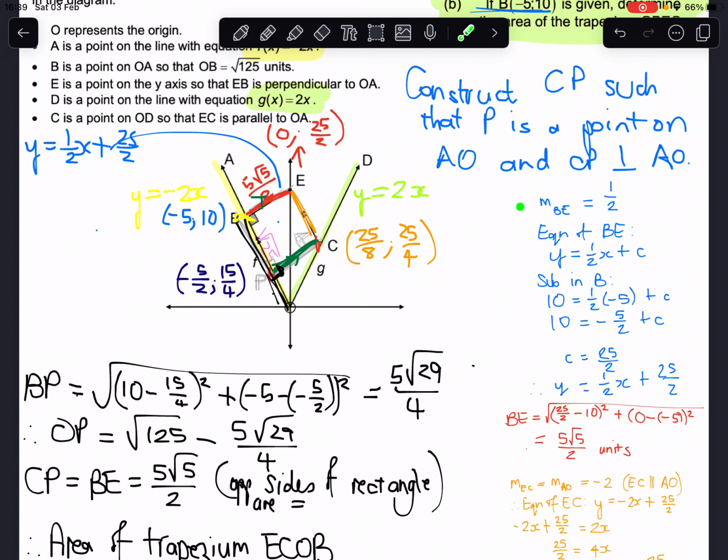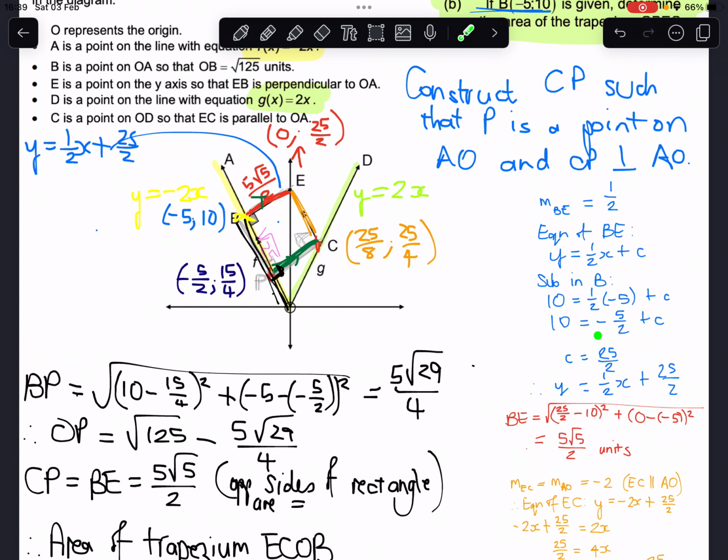Okay, happy with that. Then we decided we wanted to work out the equation of BE, which would be y is equal to a half x plus c. Then we subbed in B in order to find what c is. So we got 10 is equal to a half times minus 5 plus c.